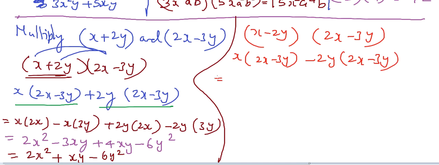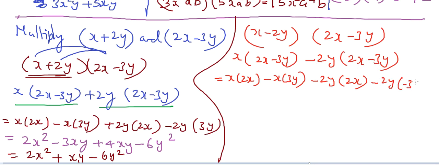So which is equal to x into 2x, minus x into 3y, minus 2y into 2x, then minus 2y into minus 3y, where the signs are the same, so we can directly write plus.